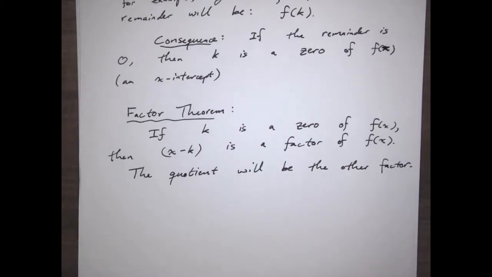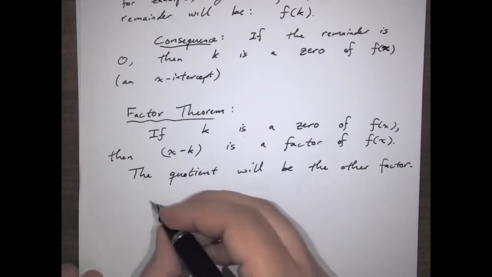Now, we could actually take that quotient, which will be a new polynomial, and we can in fact even repeat the process that we just did to find out if k was a factor of the quotient as well, and that'll mean it has higher multiplicity.